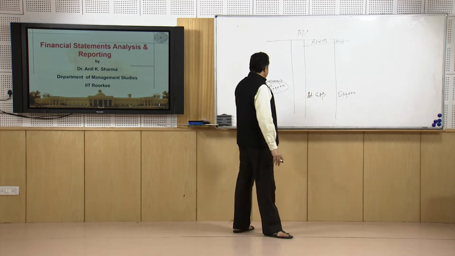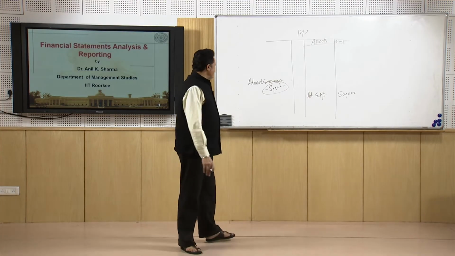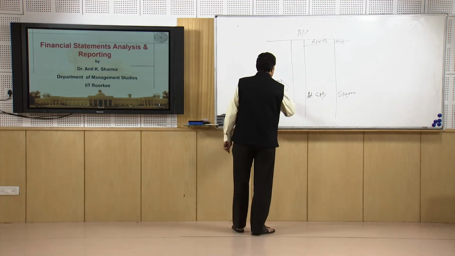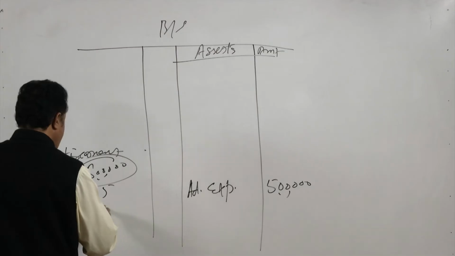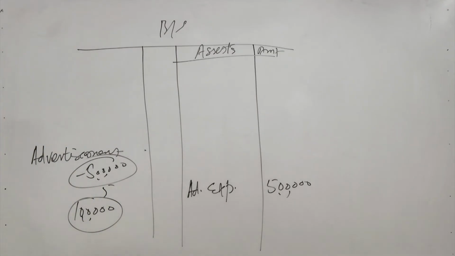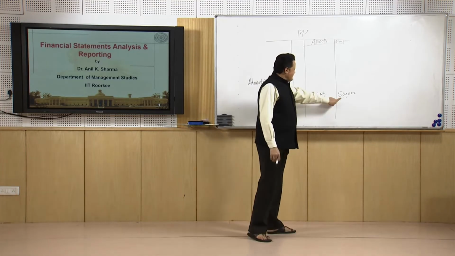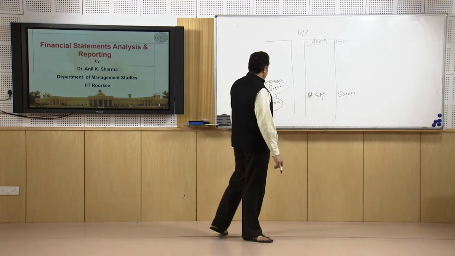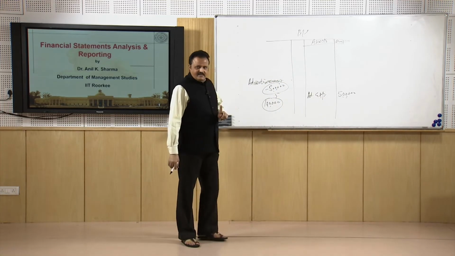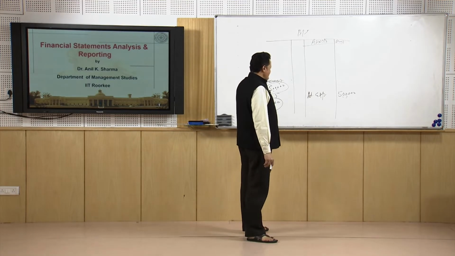Now, we are assuming that this benefit will come to us in the next 5 years. So, we will divide it by 5, and every year the profit and loss account will be debited with 1 lakh rupees. For the current year the revenue expenditure will be only 1/5 of it, that is only 1 lakh rupees.